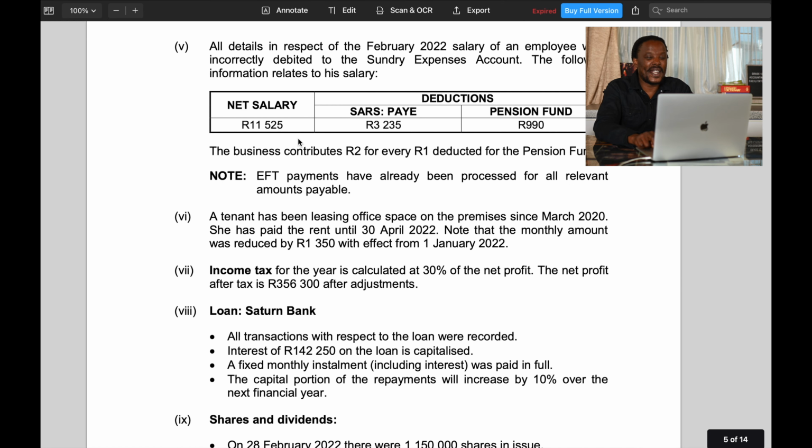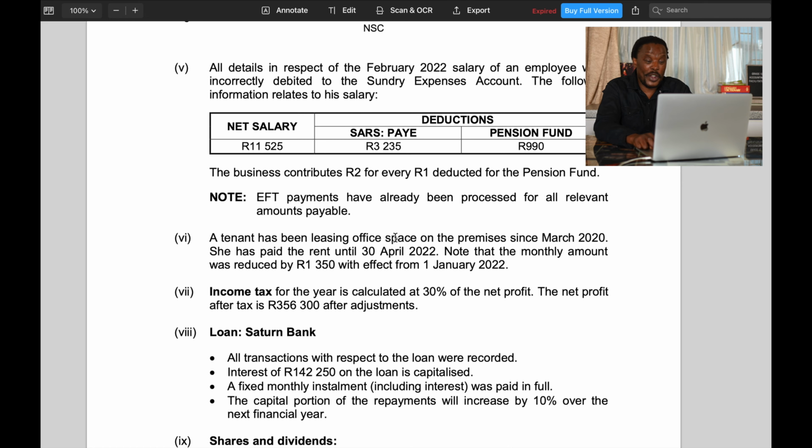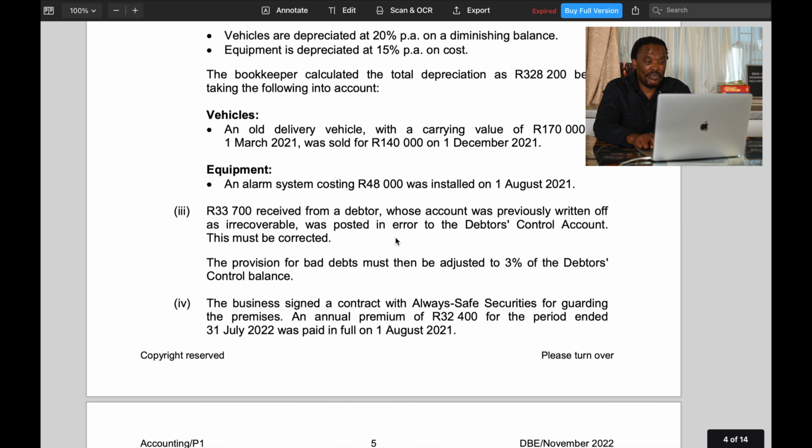A tenant has been leasing office space since March. Now, a tenant, now we must get an income, but this income here, we are interested until 28 Feb, and it was paid, or we received it until 30 April 2022, and these 2 months that we received, we must subtract it. So now we look at the rent income.